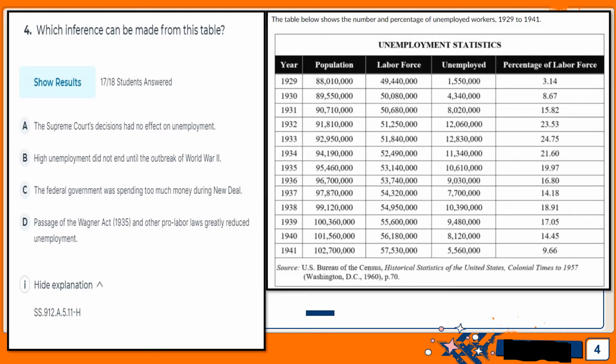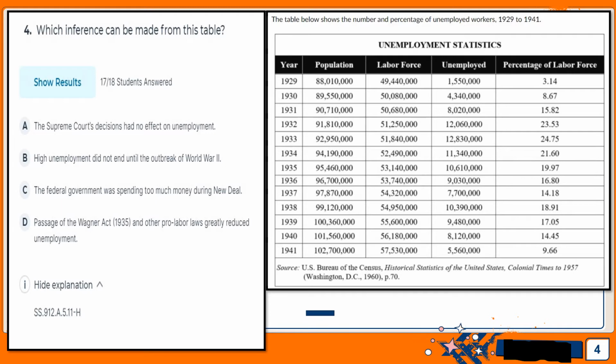So just by using the salt in our brain, we've X'd out every single choice except for B. But let's take a look at what B entails. It says high unemployment did not end until the outbreak of World War II. If we look at the unemployment rates here, 14.45% of the labor force, and then it drops down to 9.